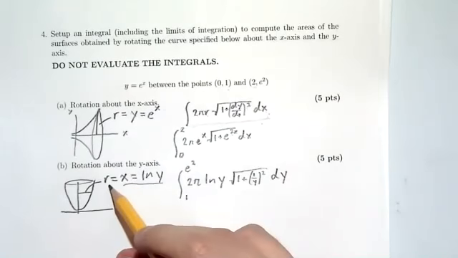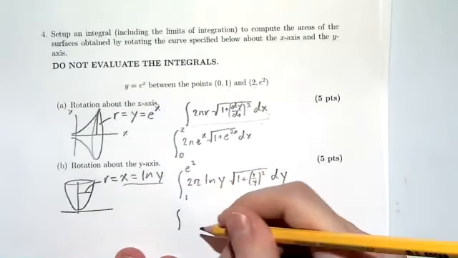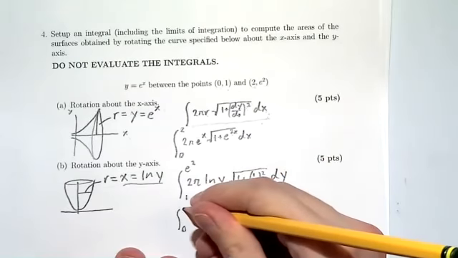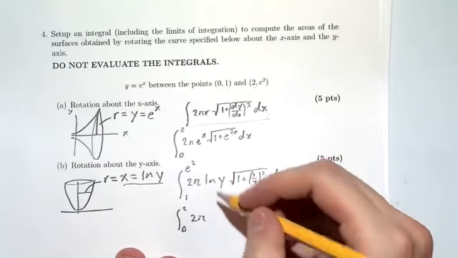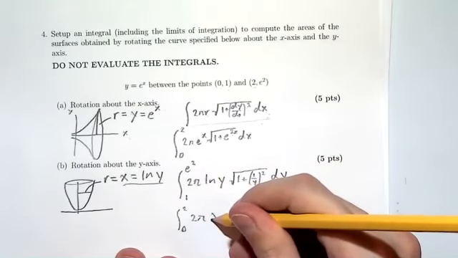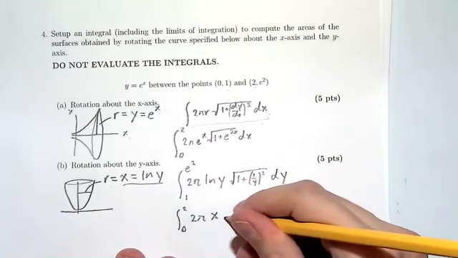So because our r is also equal to x, we can do this in terms of x. It would be from 0 to 2. And then our radius instead would be x, because we're using this equivalence.